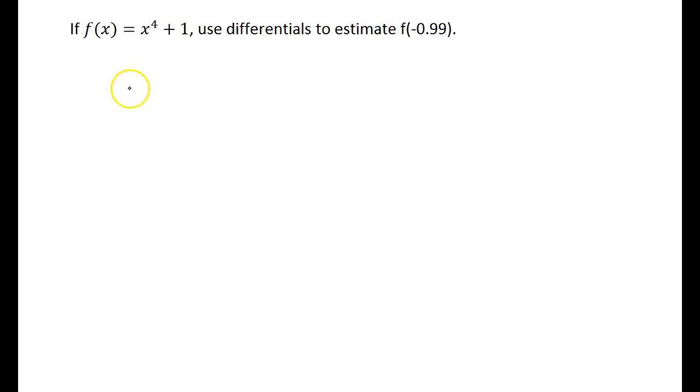Okay, one more example. If we have this function, let's use differentials to estimate f of negative 0.99. What we're going to say is that negative 0.99 is equal to negative 1 plus 0.01. So there's our x, there's our dx.